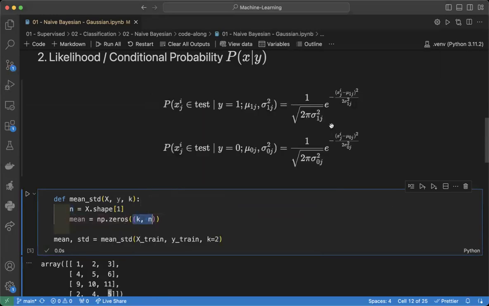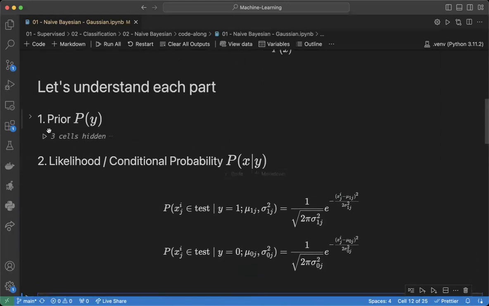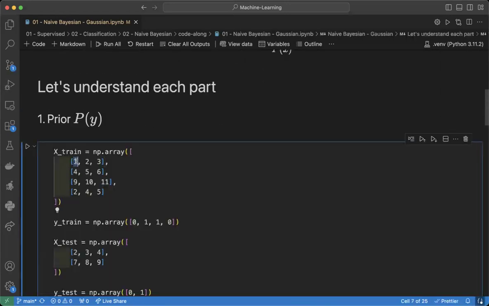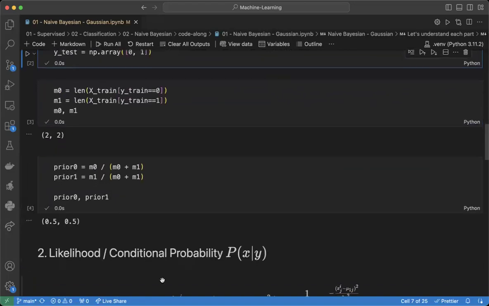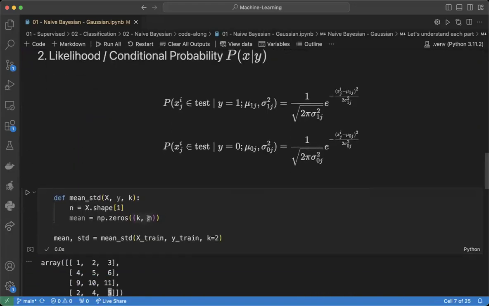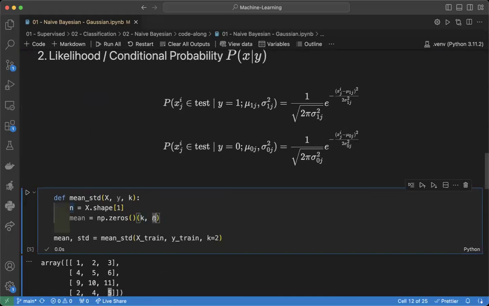So what does this mean, k comma n? Well, like I said, we need the mean of this one, and this one, and this one, right? So this 3 is the feature, sorry, right? So this will represent this number n, right? But how many do we have for that?